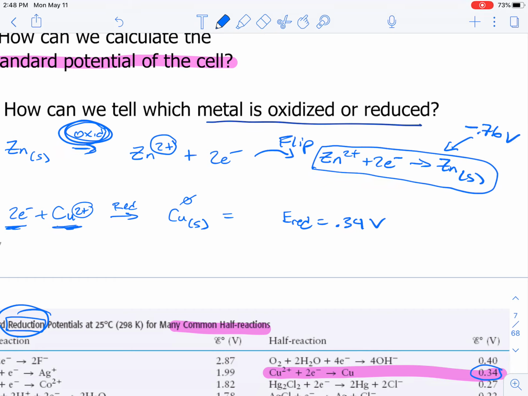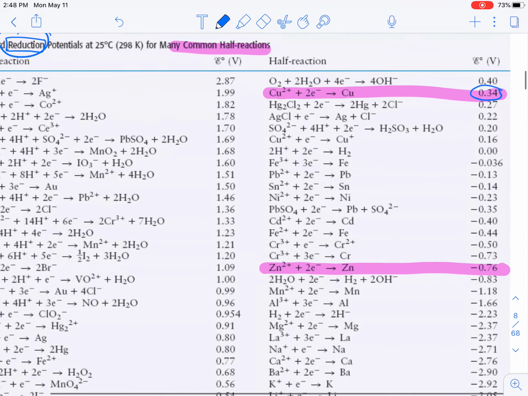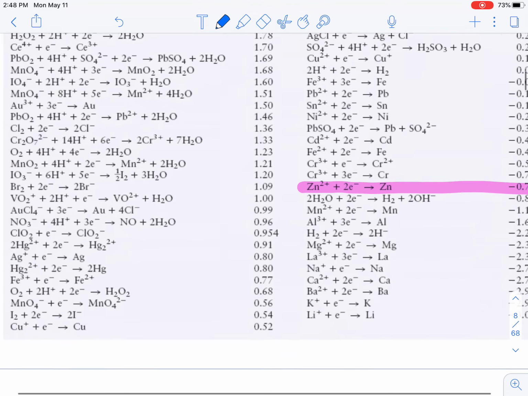So right now it's getting a little bit messy, so I'm just going to rewrite this in another slide.